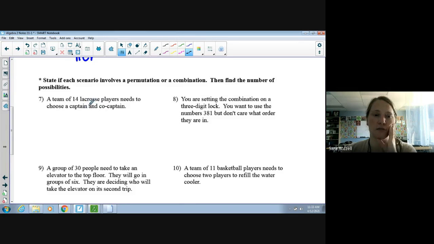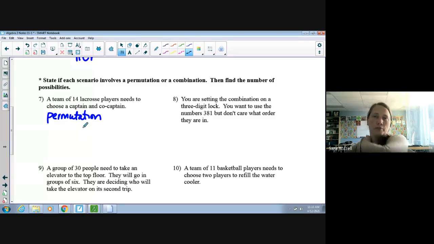Yeah, so it would be different. So this is going to be a permutation because you're going to have a different amount whether someone was captain or co-captain or vice versa. So this one is a permutation because we have 2 specific slots to fill. We've got to choose a captain and a co-captain, and they are different.